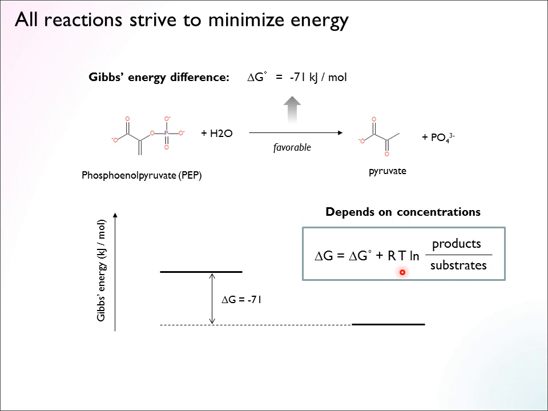And if it gets large enough, the delta G is going to turn positive. That means that if you have a lot of products, it's going to push the reaction in the other direction towards the substrates. That makes sense. That's what we recognize from basic chemistry. And from this, you can also figure out a relationship between the delta G and the equilibrium constant for reactions. Those are the basic rules of delta G and the Gibbs free energy difference.